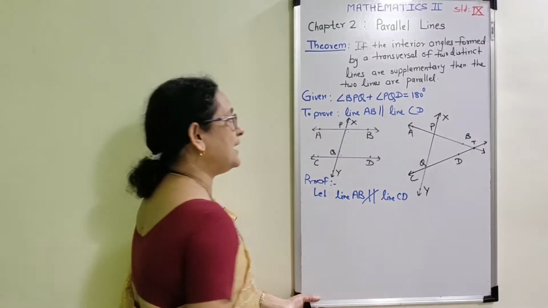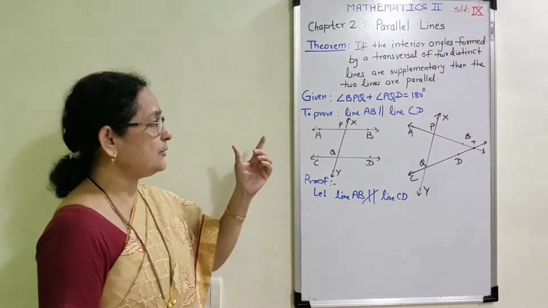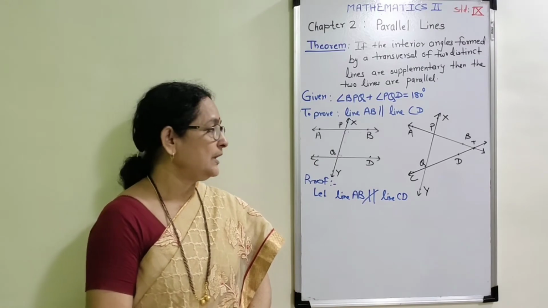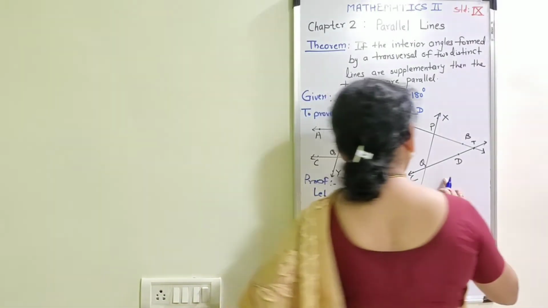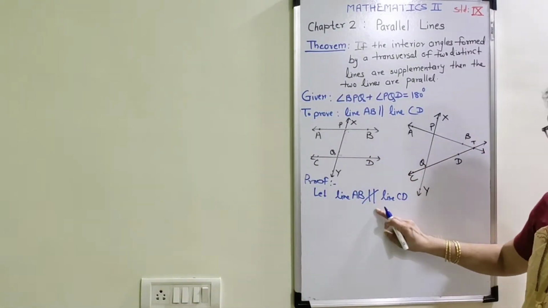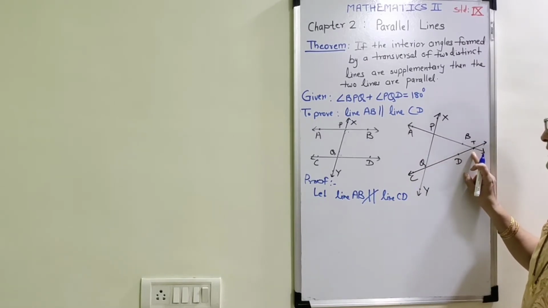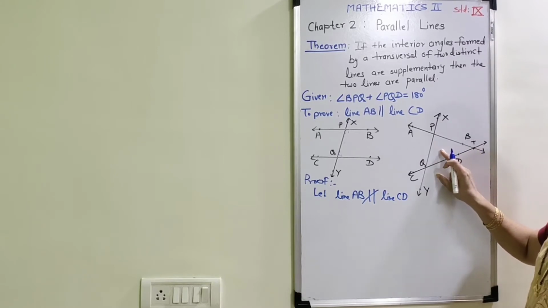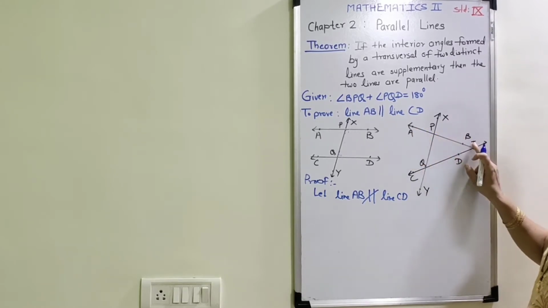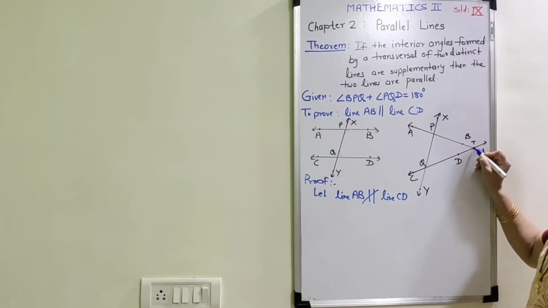Let us assume that the statement which we are going to prove is not correct. Now we are going to consider the second figure. If the lines are not parallel to each other, then the lines must intersect each other at point T. In the second figure, we have taken that line AB and line CD intersect each other at point T.